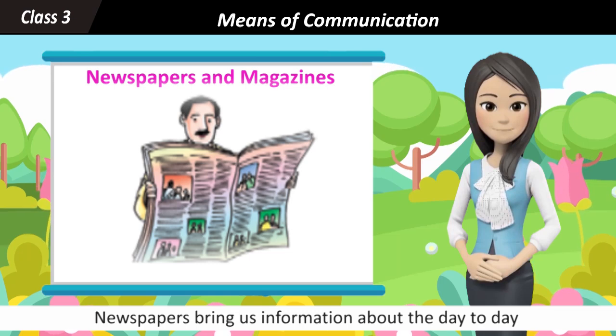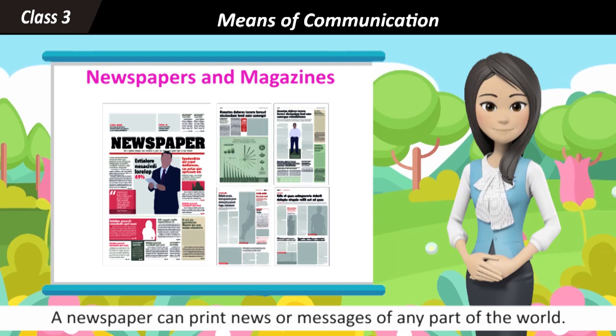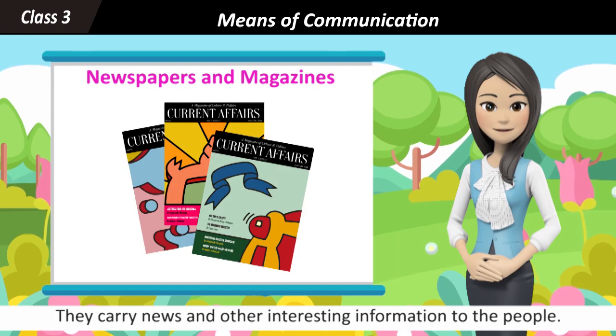Newspapers bring us information about the day-to-day happenings all over the world. A newspaper can print news or messages of any part of the world. There are magazines available in various languages. They carry news and other interesting information to the people.